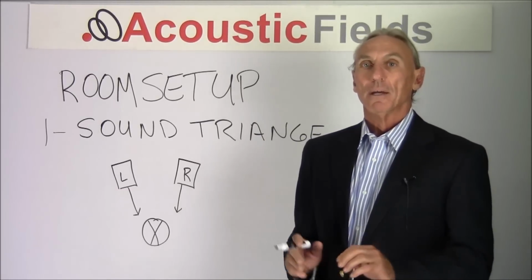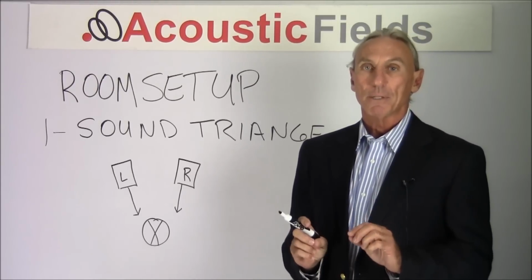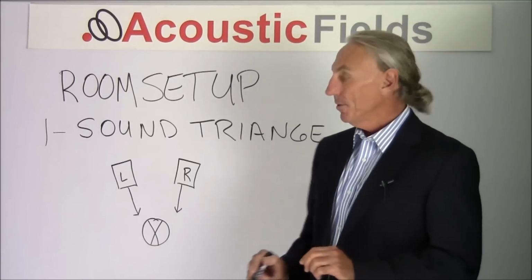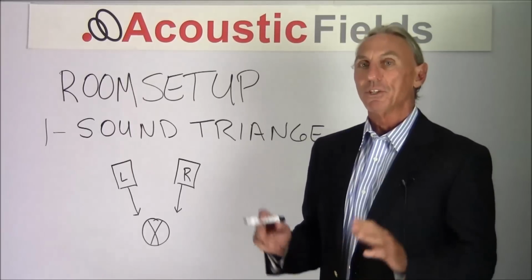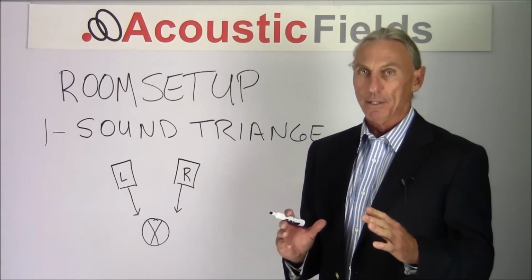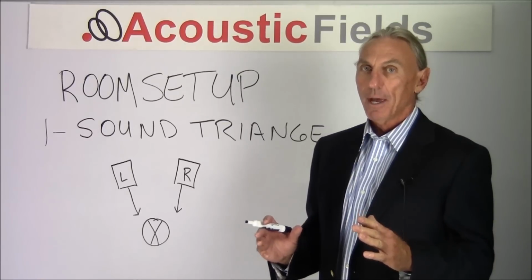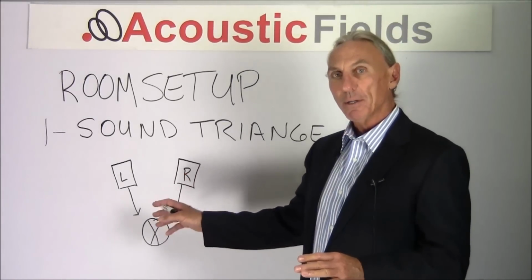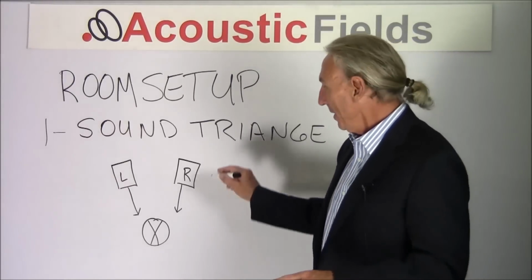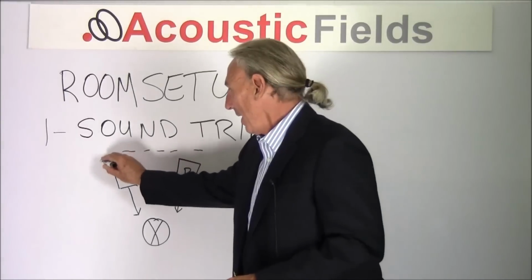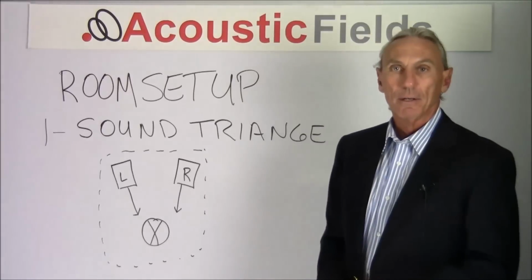Let's make the music and the sounds that we're creating within the room the top priority. In order to do that, the left and right channel and the seating position act as one unit. One unit. They're not separate. And each of these three parts has particular needs within the room, and they must be created and dealt with as a single unit.